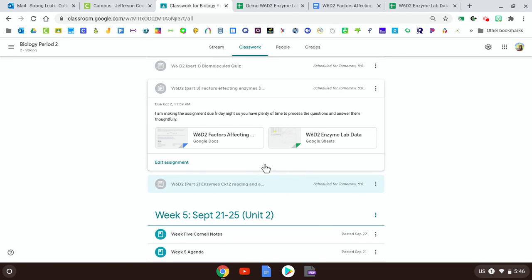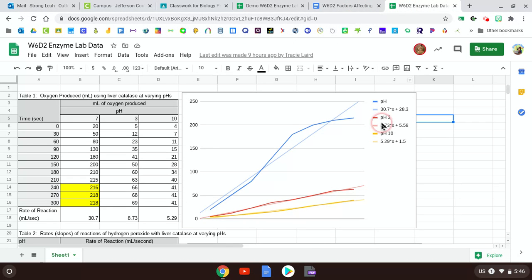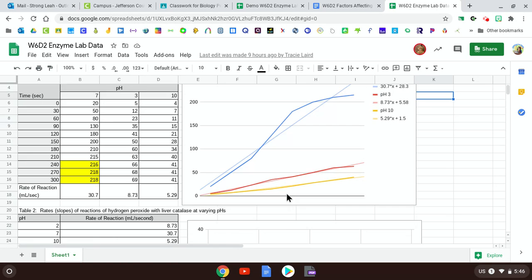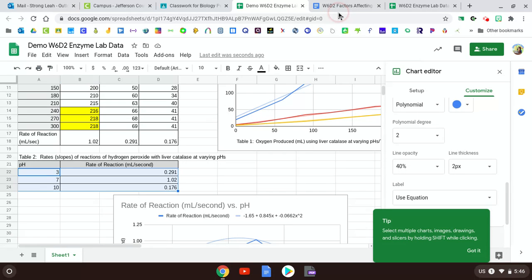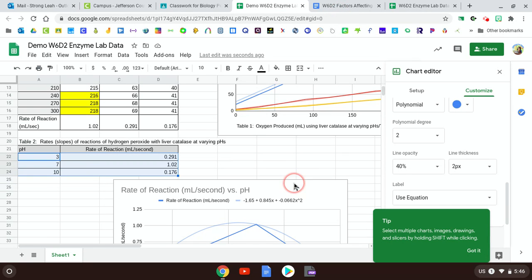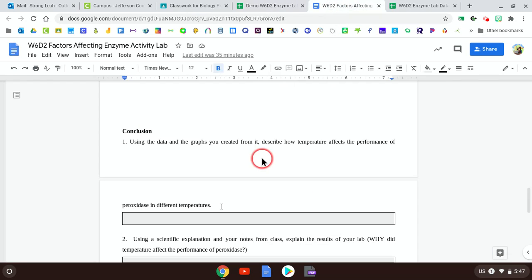Please use all the vocab that you can think of, like enzymes, substrate, activation site, rate of reaction, optimal range of the reaction. And you're going to use all those words to help you in answering these conclusion questions.